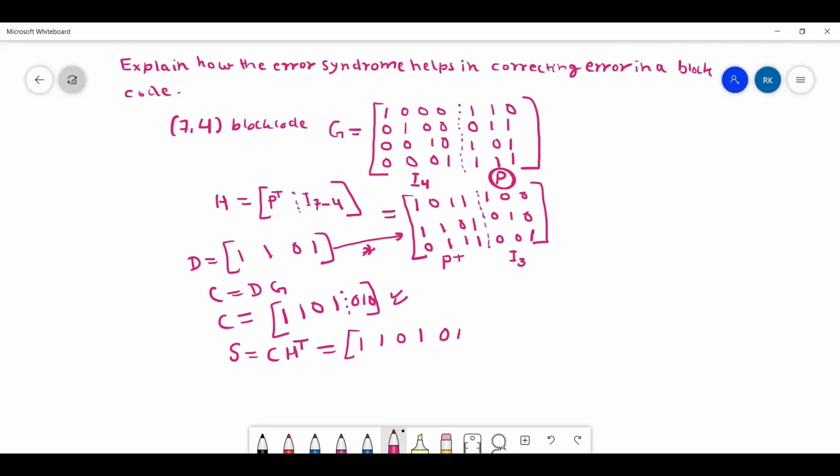So there are two multiplications involved up to this point. One is multiplying D with G, the generator matrix, and we need to now multiply C with the parity check matrix, which is here.